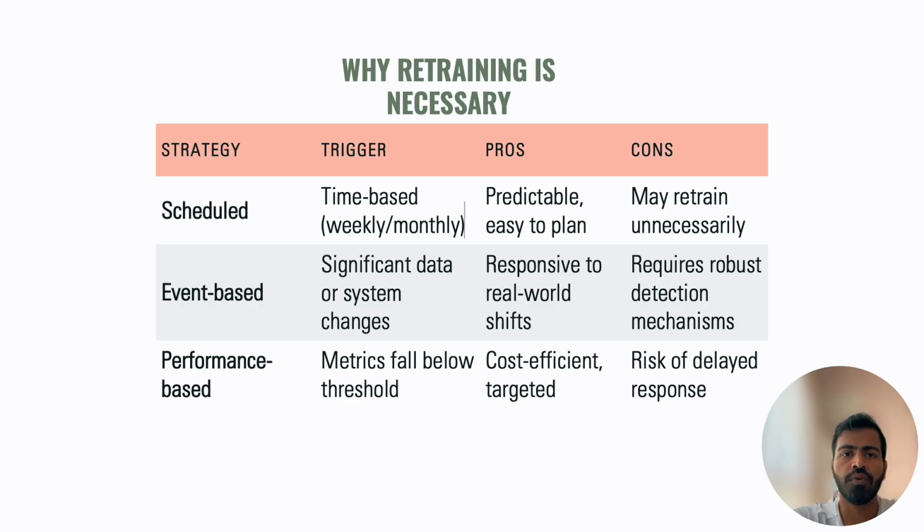So, the world changes, models don't, unless we retrain them. For example, user behavior changes, economic shifts, product changes. So the key line is retraining is adaptation, not fixing mistakes.